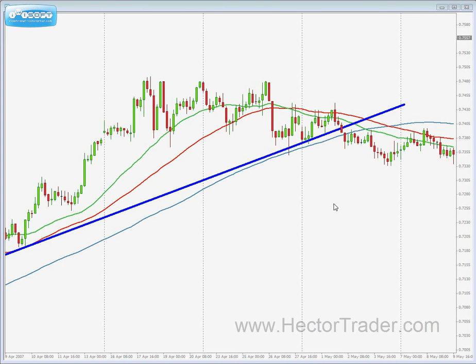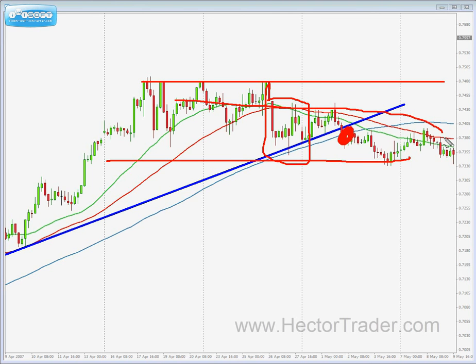You don't need to wait all the way up here. You knew here that this trend was in danger, and in fact, have a look what's happened. It's already pointing down.